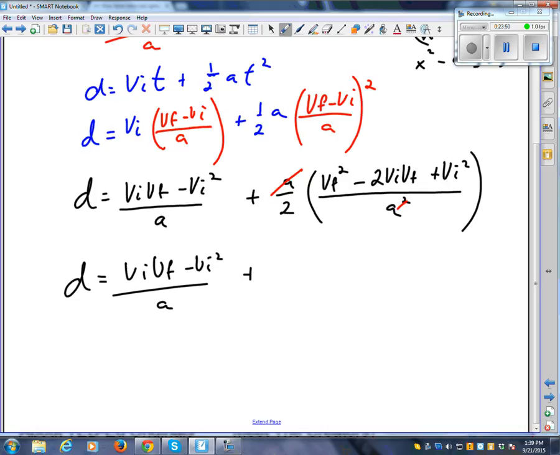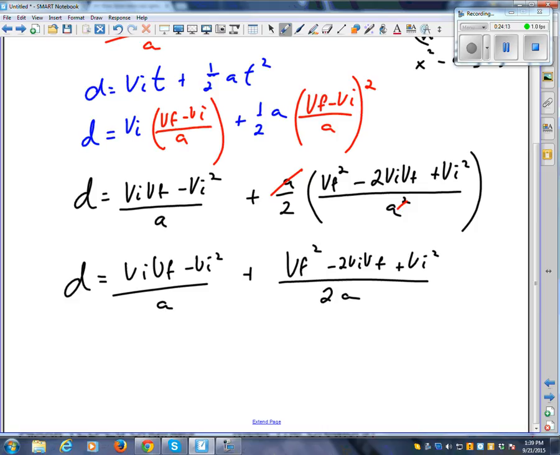So the whole thing over here is all over 2a. When I take the a over 2 and multiply that in by the a squared, I end up with a 2a on the bottom. Leaving the Vf squared minus 2 Vi Vf plus the Vi squared all on the top. The top is unchanged.